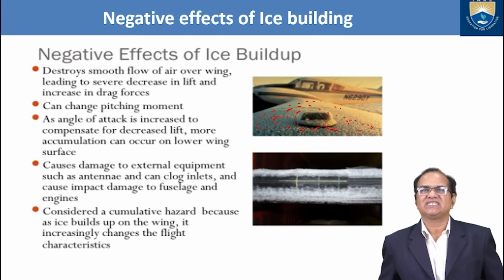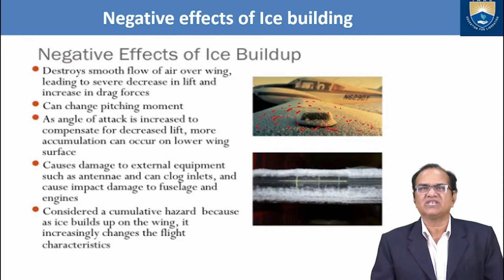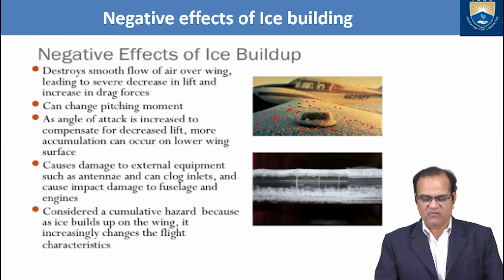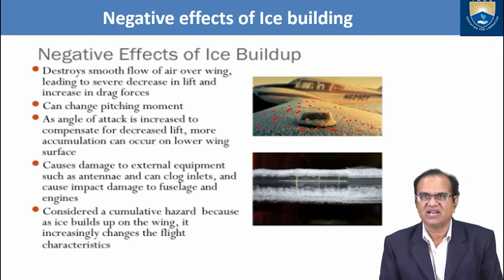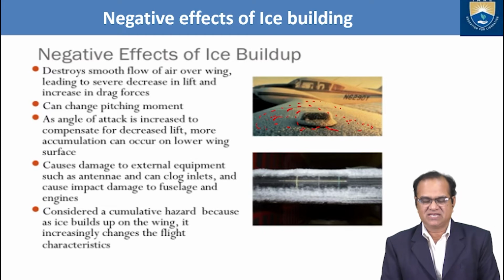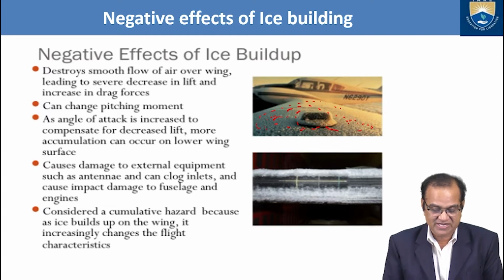As angle of attack is increased to compensate for decreased lift, more accumulation can occur on the lower wing surface. It causes damage to external equipment such as antennas and can clog inlets and cause impact damage to the fuselage and the engine.